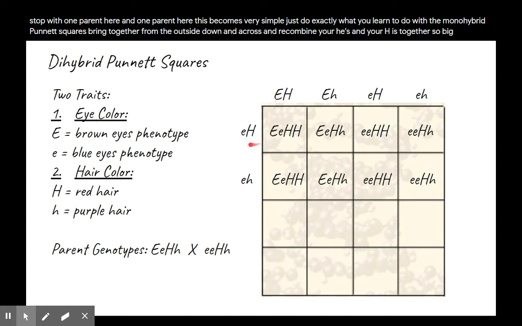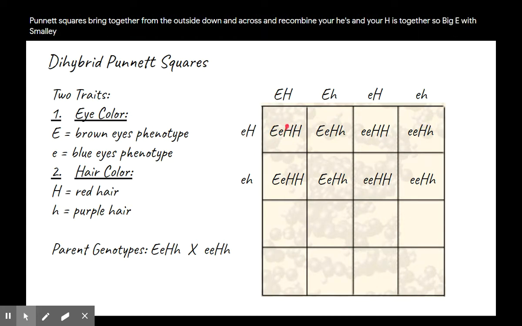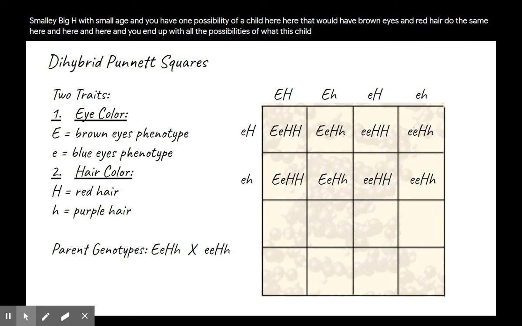So big E with small e, big H with small h, and you have one possibility of a child here that would have brown eyes and red hair. Do the same here and here and here, and you end up with all the possibilities of what this child could be. This is going to require some practice. That's what's going to come next.